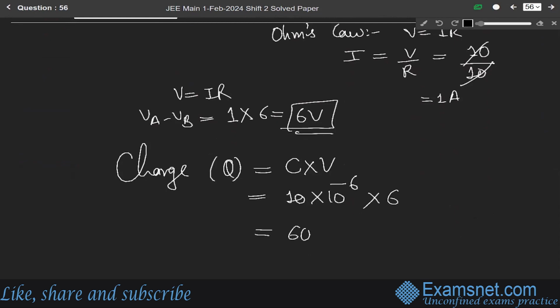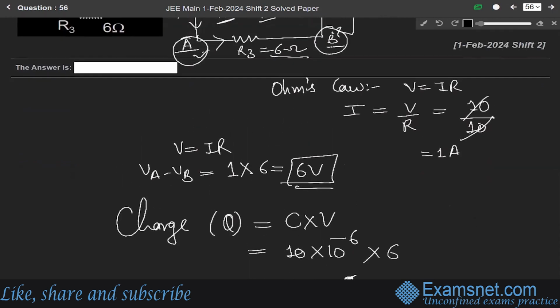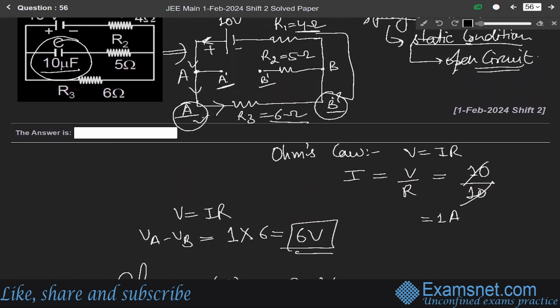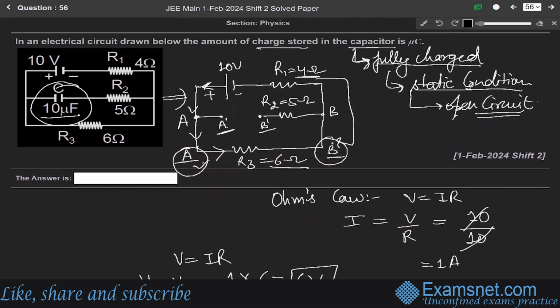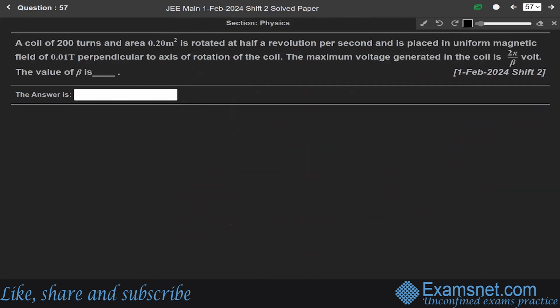Sorry, we have to find the charge in microcoulomb. Q is C into delta V, and delta V is 6 volt. Yes, so charge will be 60 microcoulomb. Okay, now next question 57.